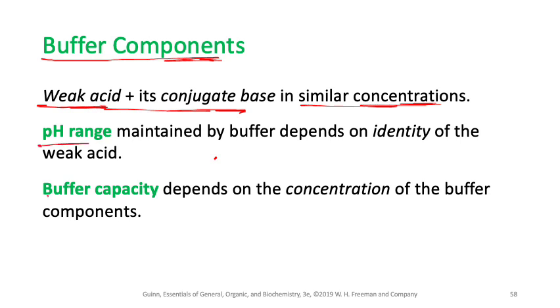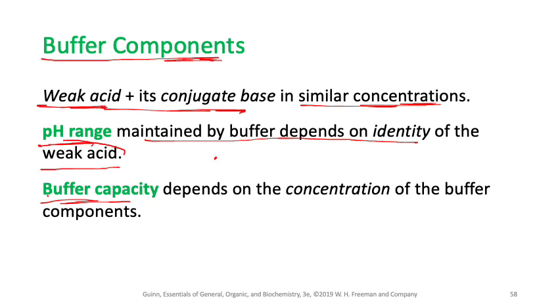And then we have two special terms: one is called pH range, and one is called buffer capacity. The pH range maintained by a buffer depends on the identity of the weak acid. So depending upon which weak acid we are using in a buffer solution, we can tell the pH range for that buffer solution.